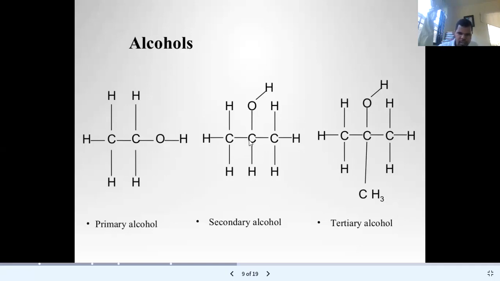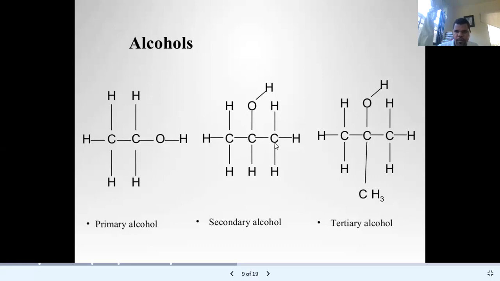Now, this example here is a secondary alcohol because the OH is linked to a secondary carbon. What makes this carbon secondary? Because it's in the second position? No, it's not. It's because it's attached to two more carbons.